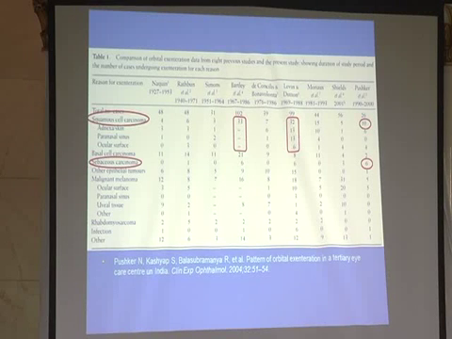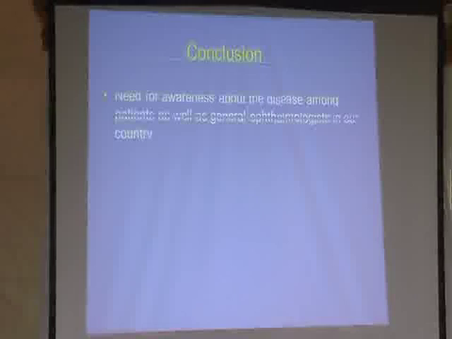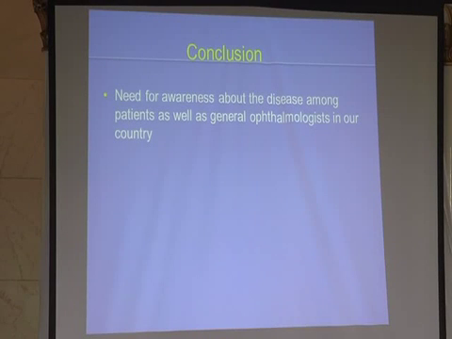The Western studies also had squamous cell carcinoma in a few cases needing exenteration, but even in them, most of the cases had adnexal or skin diseases, whereas ocular surface squamous neoplasia was not that common. So to conclude, there is a definite need for awareness about the disease in patients as well as general ophthalmologists in our country.